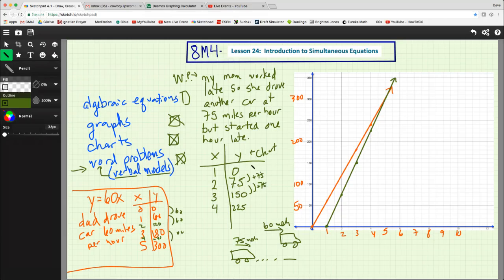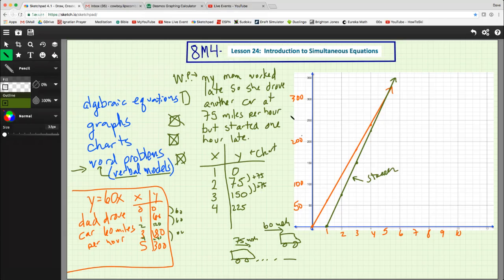So it makes sense that she'll catch up on this chart as well. From the graph perspective, the green one is steeper. Because it's steeper, you definitely get the sense that it's going to eventually catch up to that orange one that's not as steep.